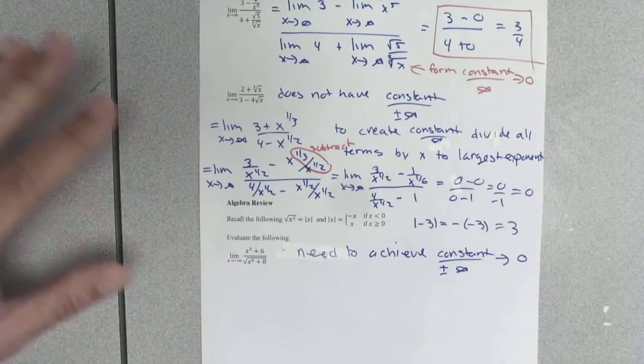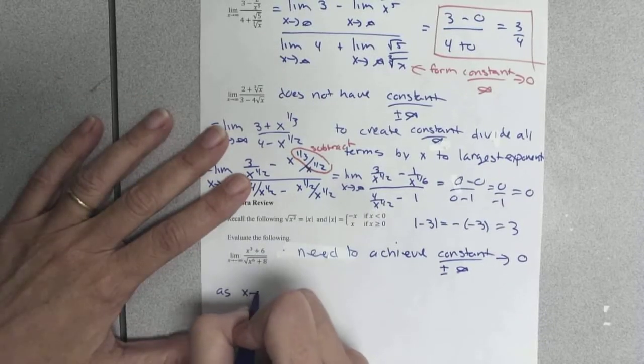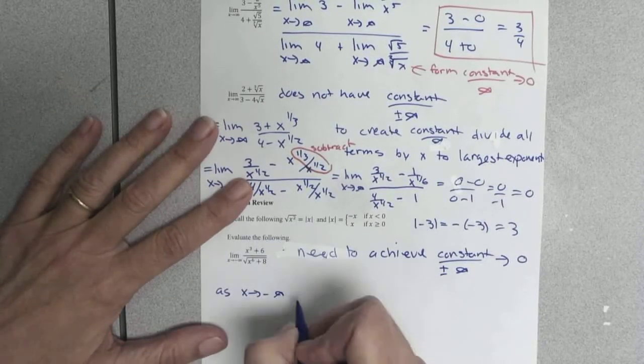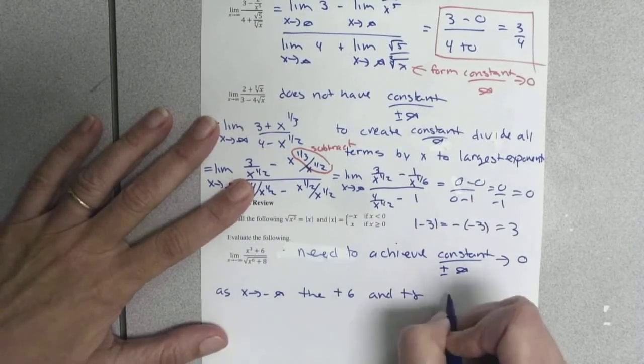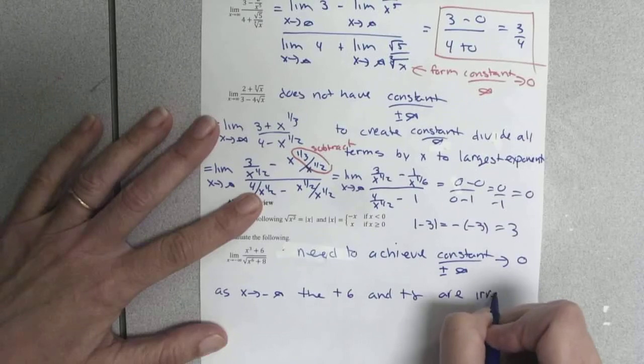Now here is a little fact. As x goes to negative infinity, the plus 6 and plus 8 are irrelevant.